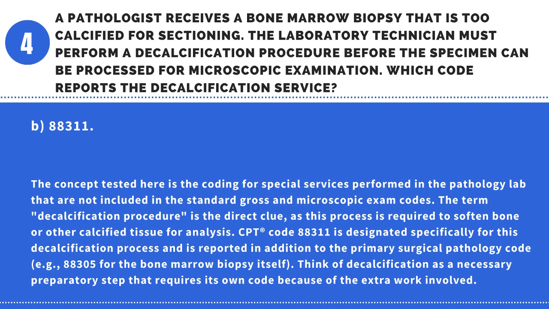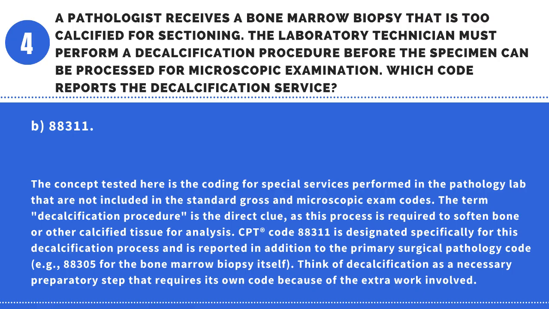Answer: B. 88311. The concept tested here is the coding for special services performed in the pathology lab that are not included in the standard gross and microscopic exam codes. The term decalcification procedure is the direct clue, as this process is required to soften bone or other calcified tissue for analysis.